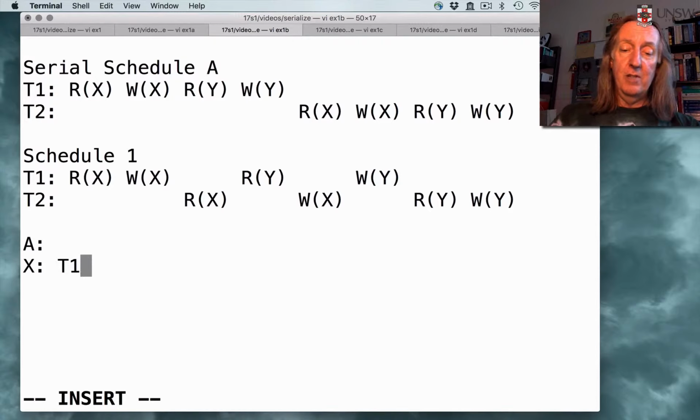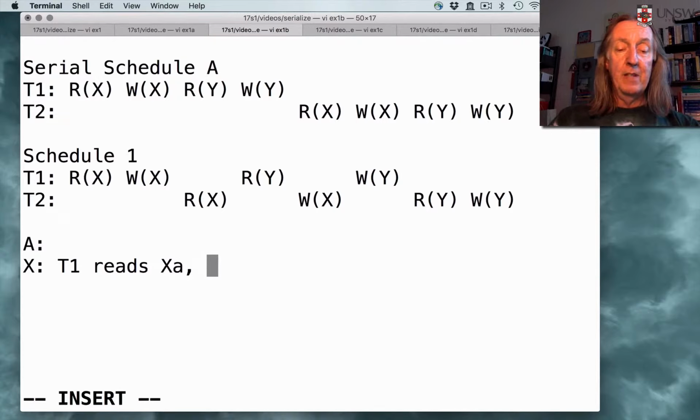So T1 reads the initial value of X, which we denote by XA. Then there's another read of X here. Where does that X come from? It's the X that's written by T1. So T2 reads X from T1.